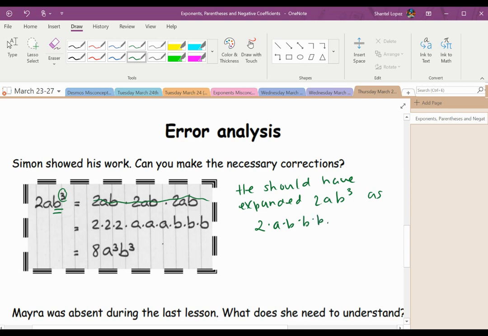And if you want to be a rock star, you can always tell me how you should rearrange, and then what his answer should have been instead. So 2 times a times b to the power of 3. Okay, so that was the correct answer. Sorry, got distracted.